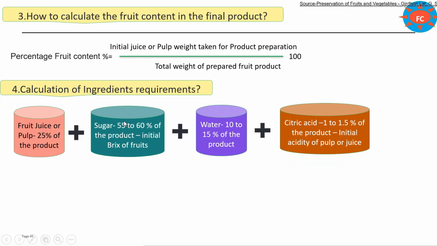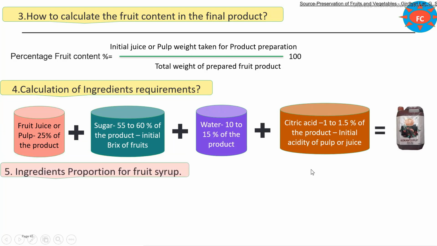The citric acid and sugar level depends on the initial brix and the initial acidity of that fruit juice or the pulp content. As per the initial level, we can calculate and add it. This is the simple way to add these ingredients and prepare the final fruit syrup.